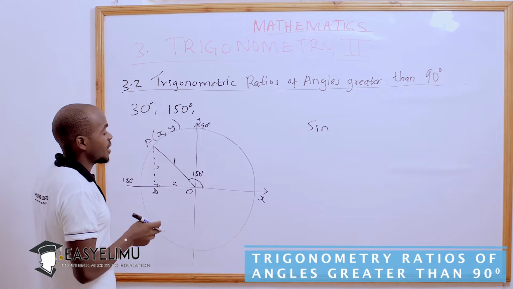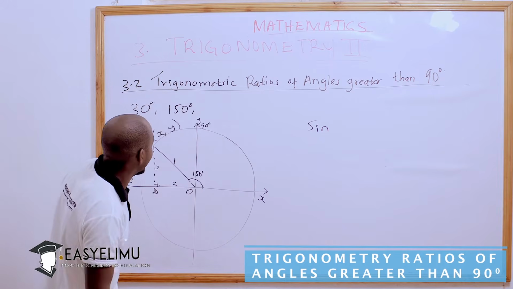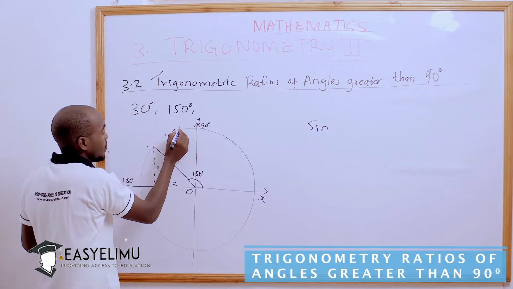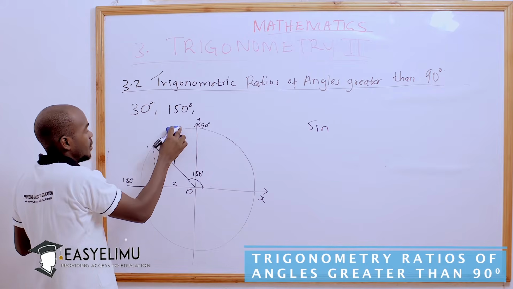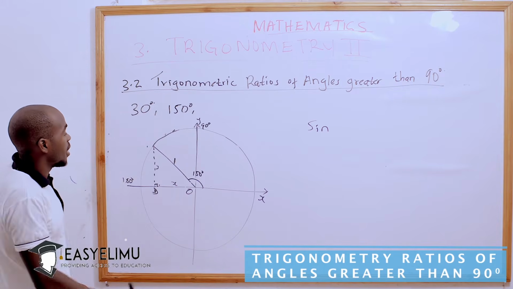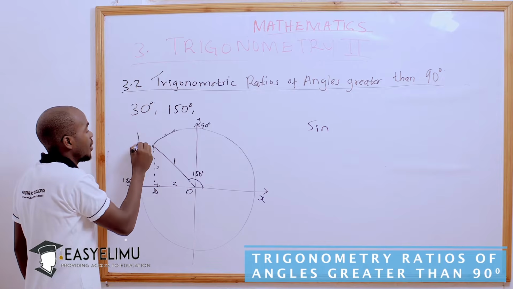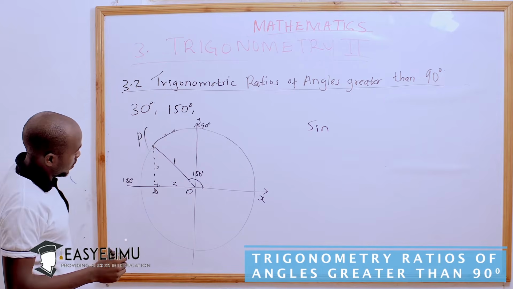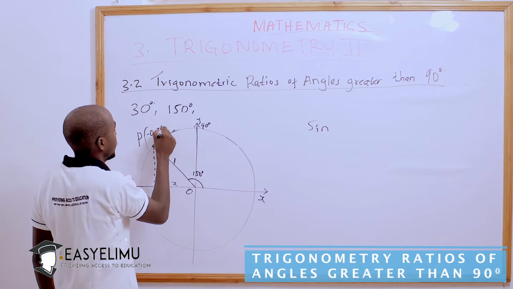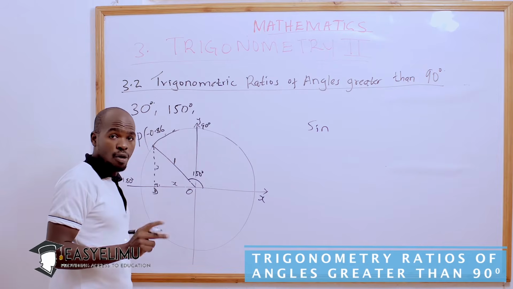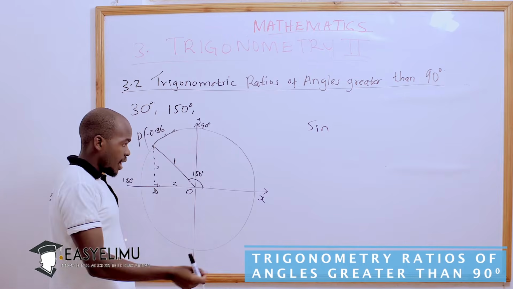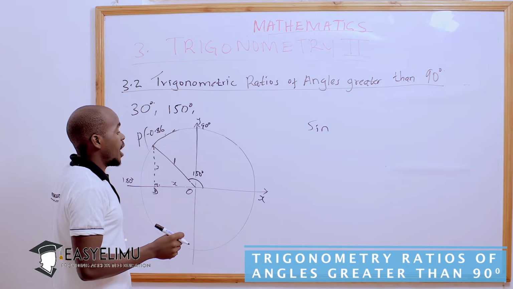But before we get to that point, we may just get the coordinates. If you get the coordinates using a Cartesian plane, you will find that this point is negative 0.86 on a well-drawn graph with the y-axis and x-axis and a circle of unit measurement.